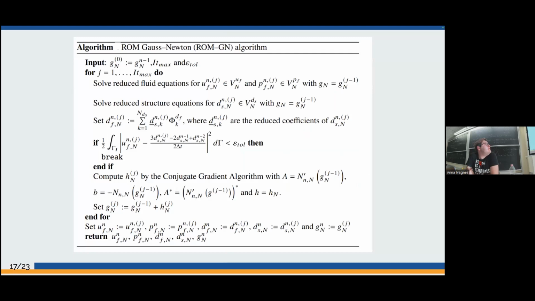Here it actually is the same algorithm that we used at the continuous level.